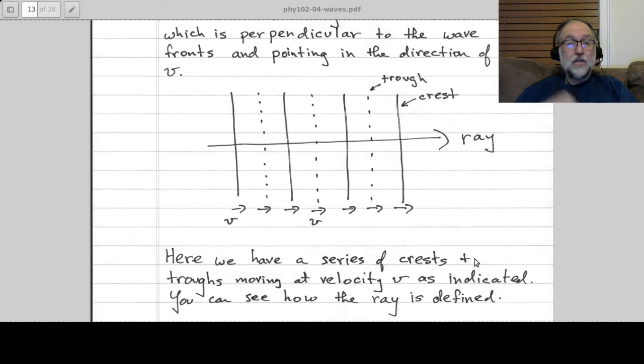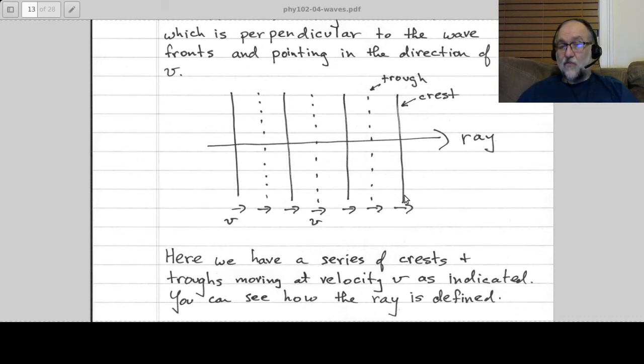But if you look down along the crest, you would see the crest like a line, and this line here represents a crest. Okay, so again, it's hard to draw, but imagine that the water along this line is higher than the surface, and then behind it is a trough, and the water there is depressed below the surface, and then traveling behind it is another crest, and then another trough, and another crest, and so on.